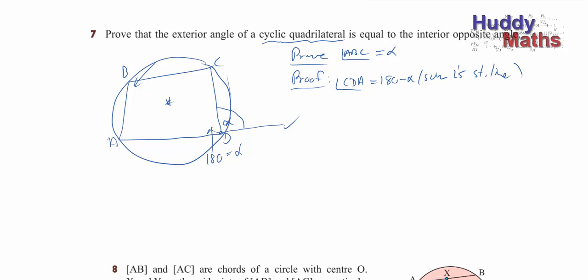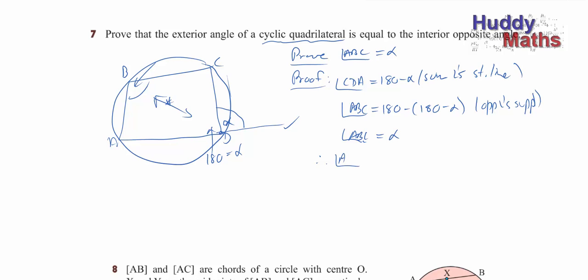Now, angle ABC here, angle ABC equals 180 take alpha, opposite angles of a cyclic quadrilateral supplementary, just put that one in. Okay, so angle ABC equals alpha. Okay, because we're saying these opposite angles are supplementary.